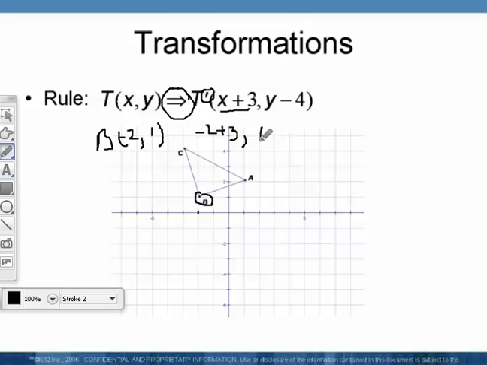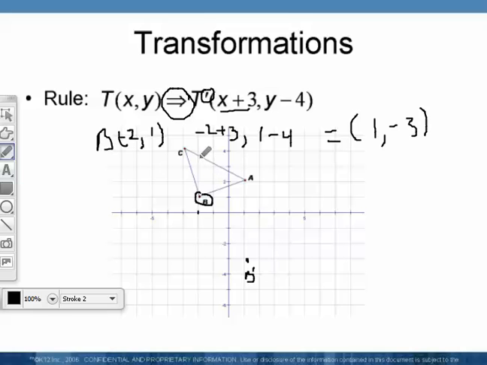I'm going to take 1 minus 4. Okay, well, negative 2 plus 3, that's going to give me a point location of 1, comma, and 1 minus 4 is a negative 3. Guess where my new point B is going to be? It's going to be at 1, negative 3, right there. That's where my B prime is going to be.